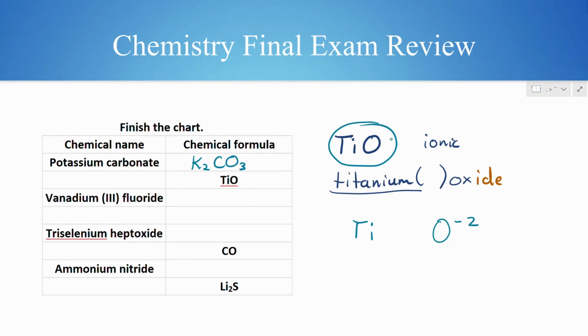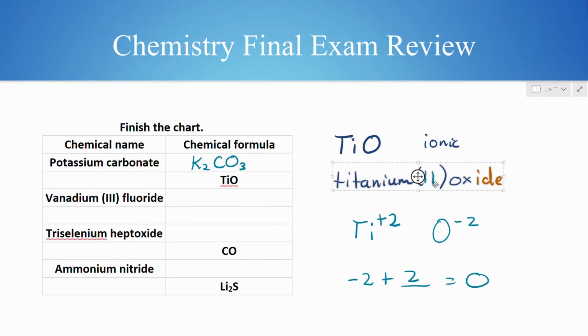So 2 plus something needs to equal 0. Now, negative 2 plus 2 is what will satisfy this, so we know that titanium has a plus 2 charge. Therefore, we put a Roman numeral of 2. Alright, so this is going to have the name of titanium 2 oxide. And if I can get this small enough, I can move it into here.